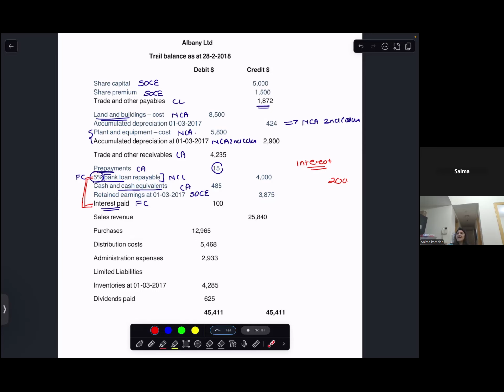It means 5% is the interest to be paid on the loan. So 4,000, if no date is given, I'm repeating again and again, 5% on 4,000 would be 200. I make a connection here.